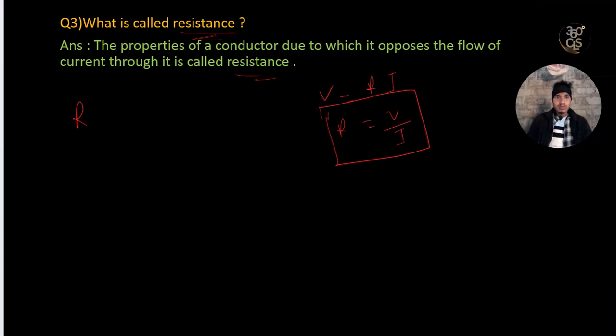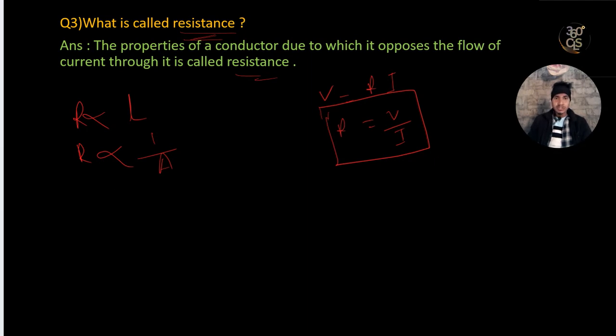Now we also know that R is directly proportional to length, and R is directly proportional to 1 upon A, that is, inversely proportional to the area of cross section.